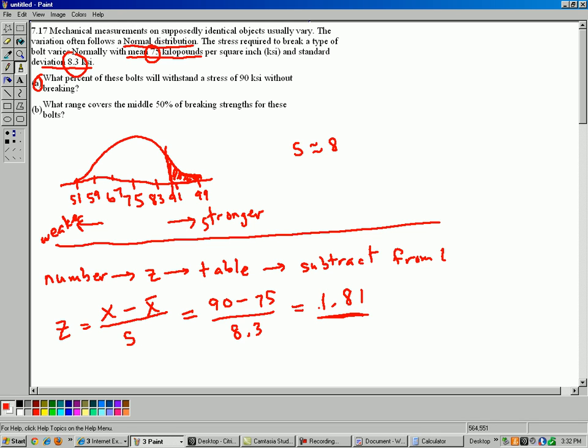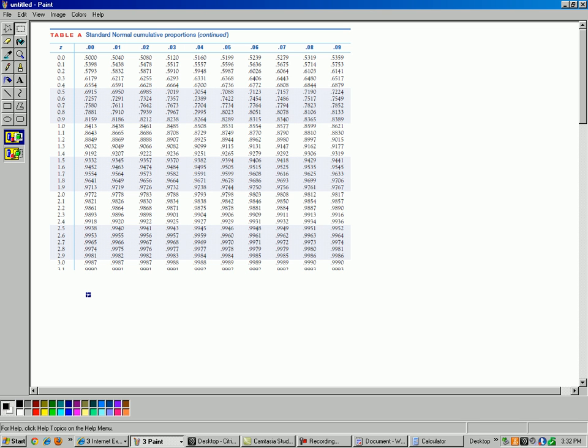Now, next step, I've got our z. Next step is look that number up on the table. So let's get a table here. So here we have table A from the back of the book. Our z-score here is 1.81. The first two digits, 1.8, I find those along the left.